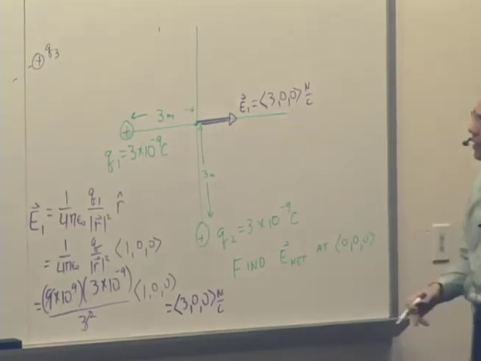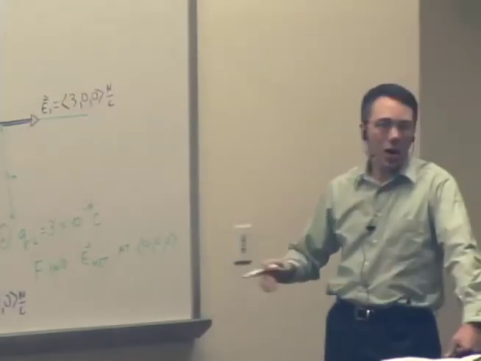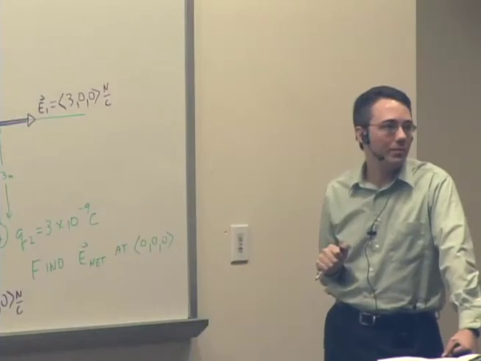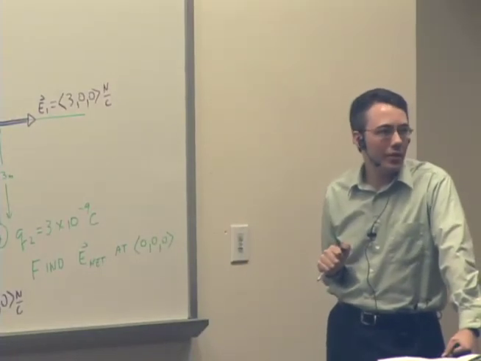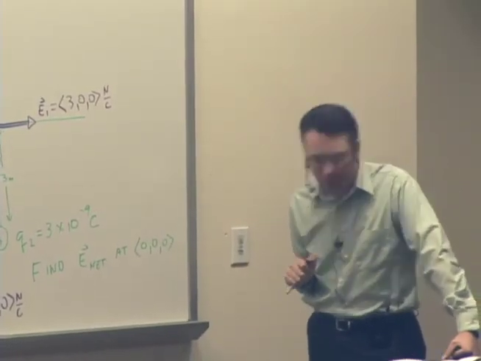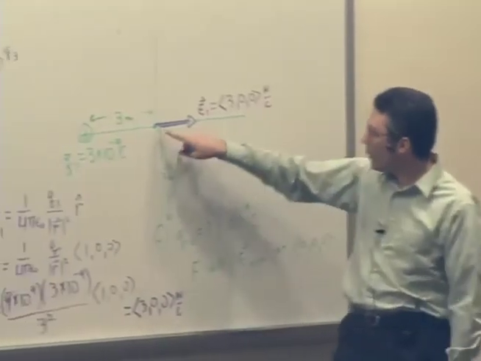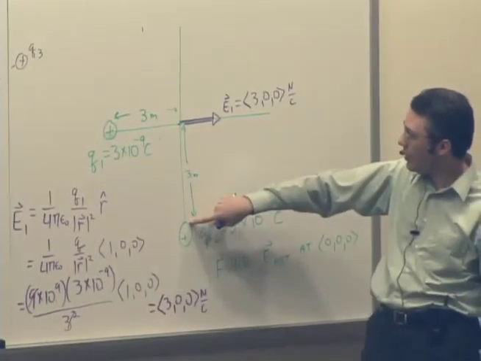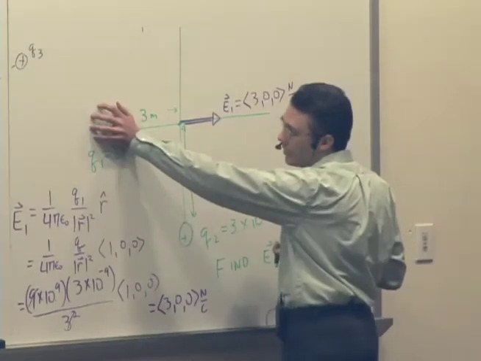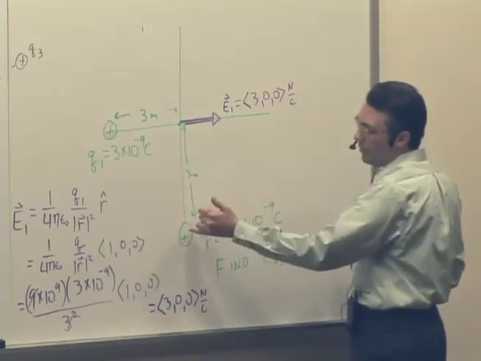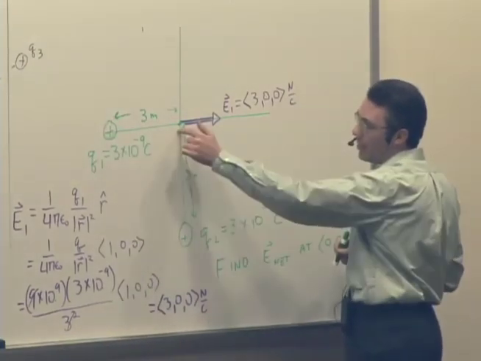Okay? Without doing any calculations at all, what are the components of E2? 0, 300, 0, right? It's got to point away from this second positive charge. Essentially, we're ignoring the presence of this guy for right now, just thinking about the field due to Q2 at this location.